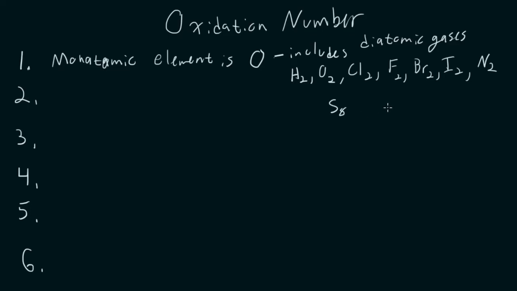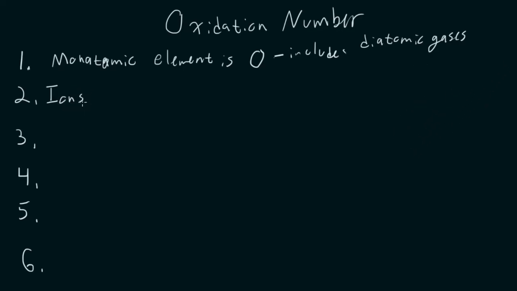And that applies to all metals. So sodium, when we have pure sodium, or when we have pure aluminum or some copper, all of those would have an oxidation number of 0. Okay, that's our first rule. The second rule is that ions' oxidation numbers equal their charge.